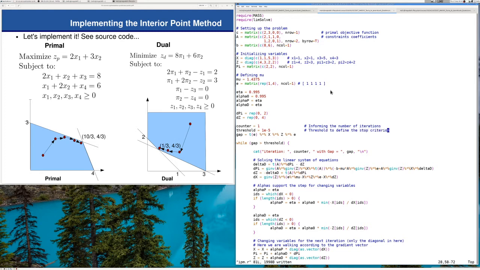That's basically a way of assessing something we call the gap in between the primal and the dual spaces. Okay, so we are measuring how different the solutions are if we compare the primal solution with the dual solution.